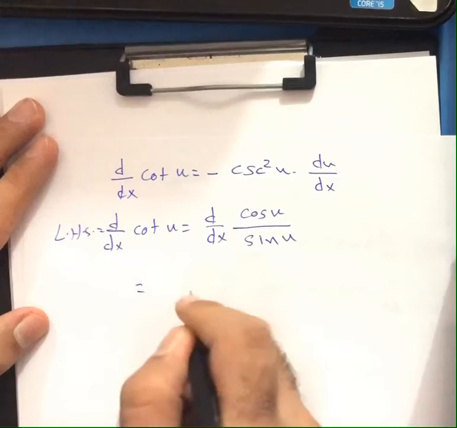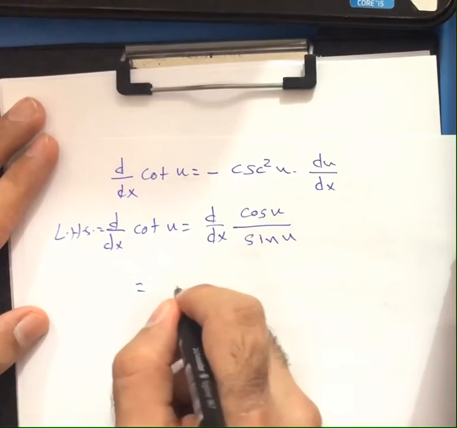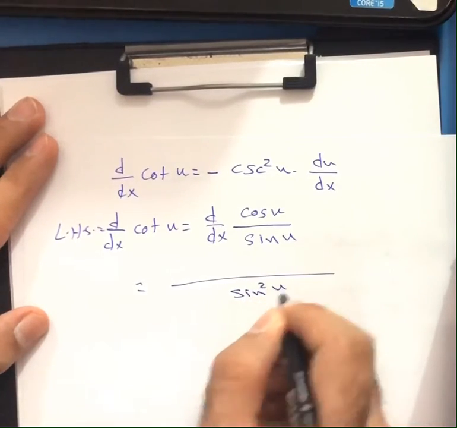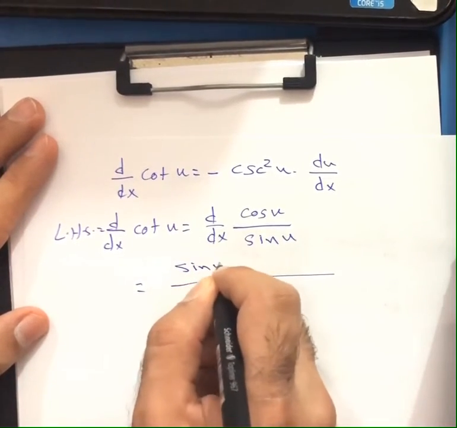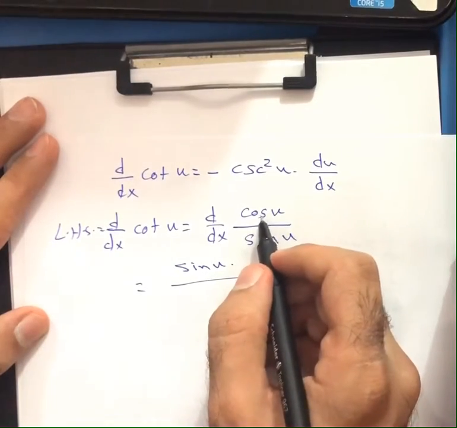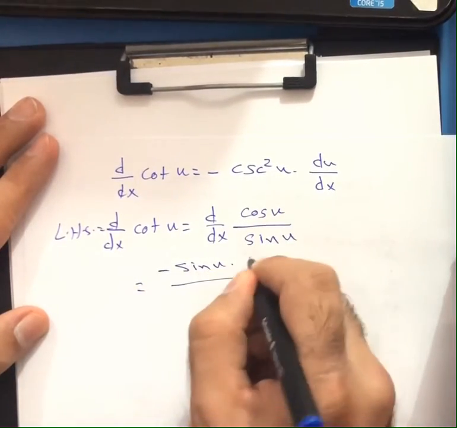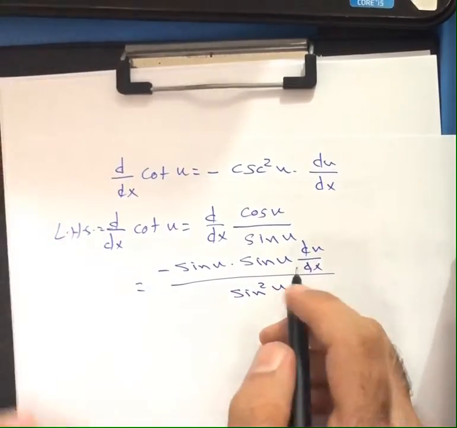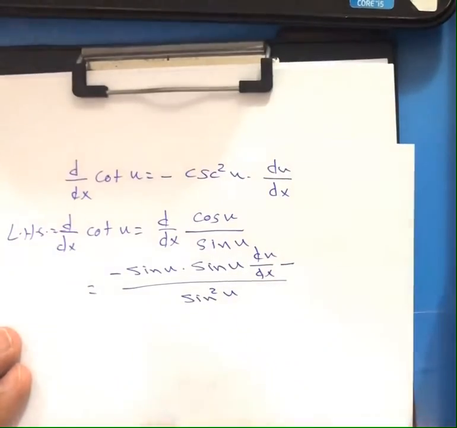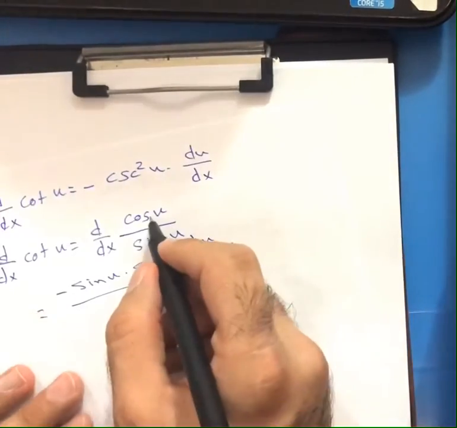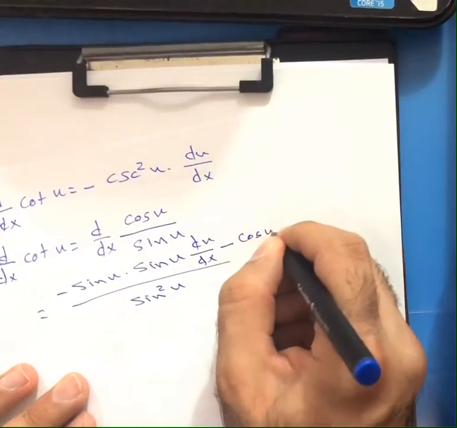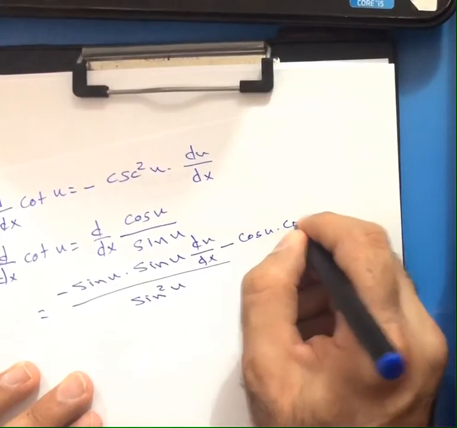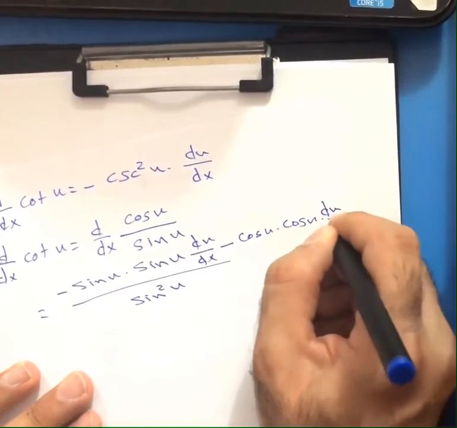Now we apply the rule of function division derivative, where the denominator will be squared. Here we write the denominator, which is sine u, multiplied by the derivative of the numerator, which is cosine u, is minus sine u du with respect to x, minus the denominator, which is cosine u, multiplied by the derivative of sine u, which is cosine u du by dx.